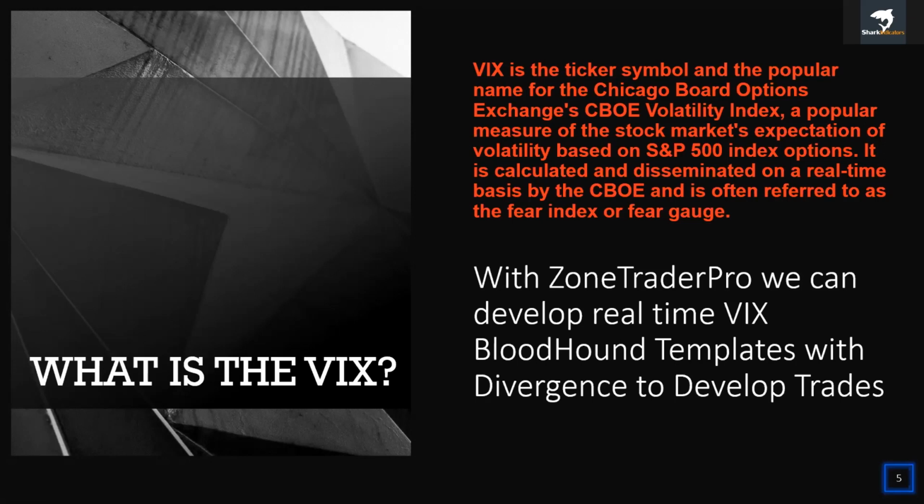As the number gets higher, you're going to see the S&P selling off. And when the number gets lower, you're going to see the S&P going higher. With that in mind, I developed VIX BloodHound templates that I combine with my divergence indicator to develop my trades.